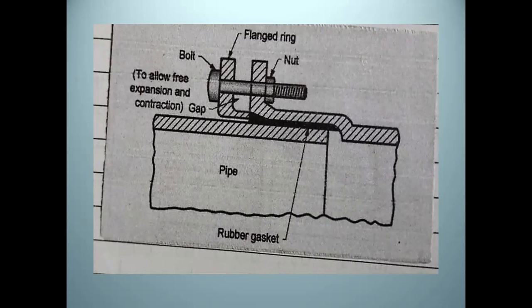It has two flanges of two pipes. Then the gap between the two pipes is filled by a rubber gasket, and this gap allows the expansion and contraction of the joint and avoids the thermal stress, and then these flange rings are fixed by nuts and bolts.